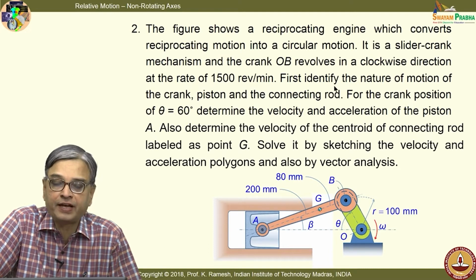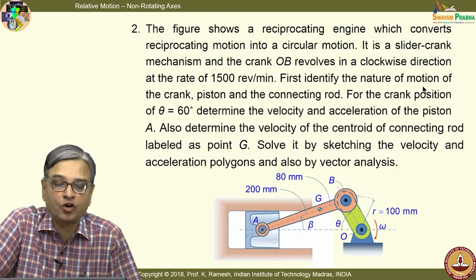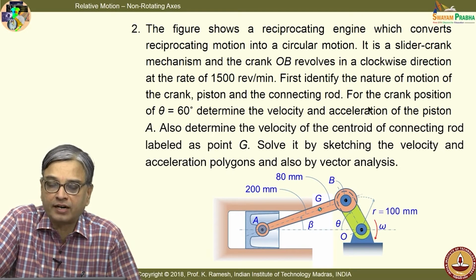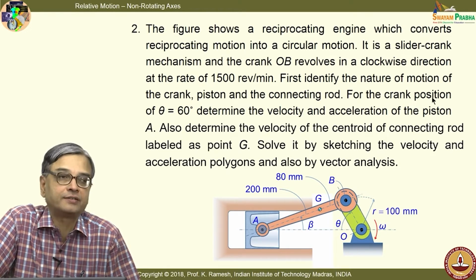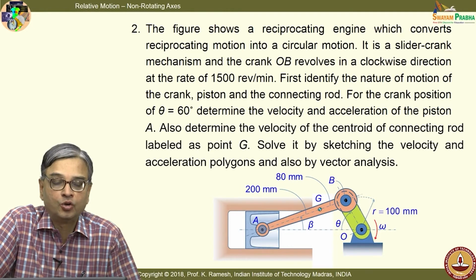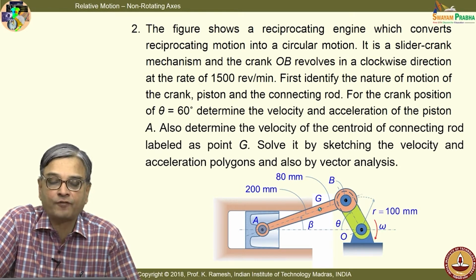First, identify the nature of motion of the crank, piston and the connecting rod. And you have to determine certain quantities at a particular crank position. The crank position is given as theta equal to 60 degrees. You have to determine the velocity and acceleration of the piston E.